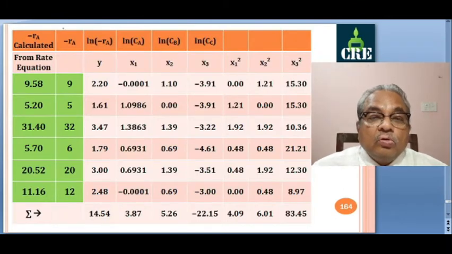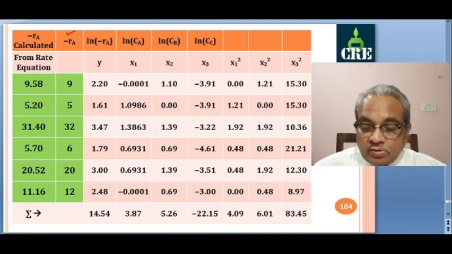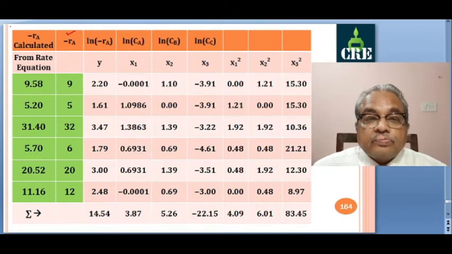So we are provided with this minus Ra, that is nothing but plus Rab, same thing. The reaction is A plus B giving you AB. So formation of AB is the same as the rate of disappearance of A. 1 mole of A reacts with 1 mole of B to give 1 mole of AB, and C acts as a catalyst, so we have the Cc concentration.